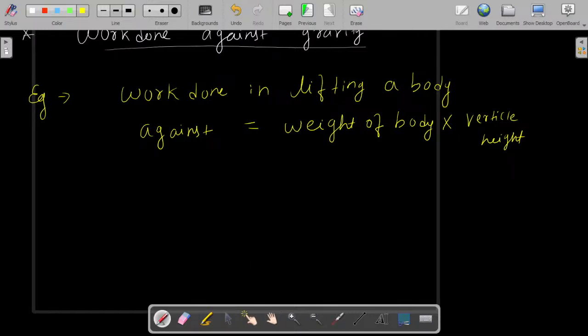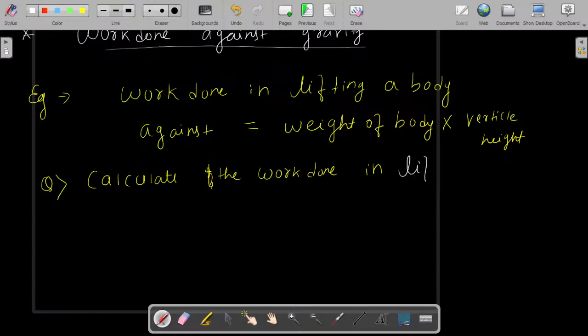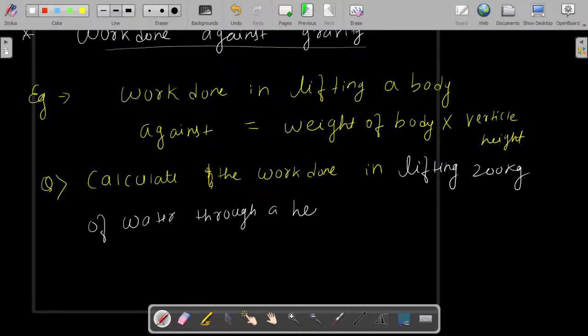Write down one numerical on the basis of this topic. Calculate the work done in lifting 200 kg of water through a height of 6 meter.